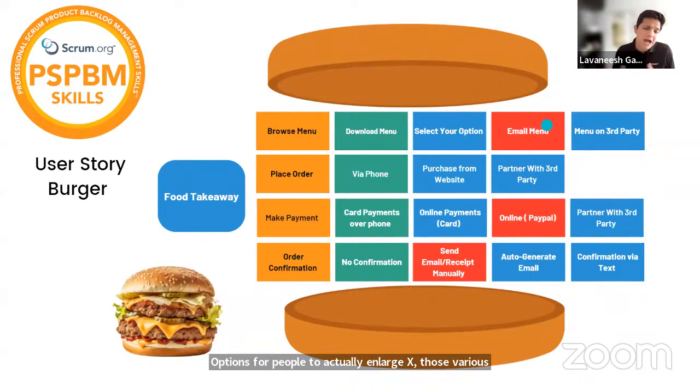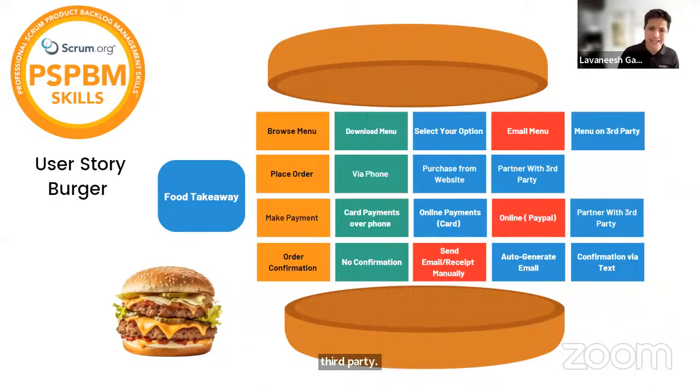Another could be that I manually email the menu to the customer, but that is a very, very bad option, guys, so I will never do it, and you can mark it as red. Another option could be to have our menu on a third-party provider, something like Deliveroo or Just Eat. There are many options for how a customer or user can browse the menu, and then you can select which one you want to start with first.